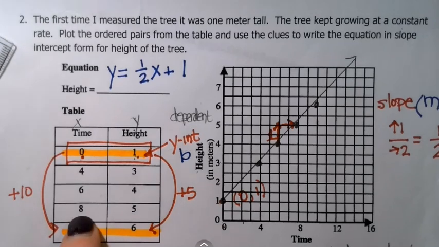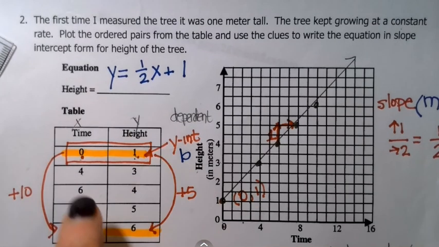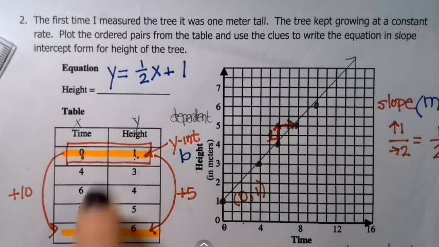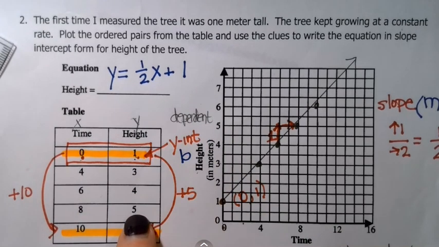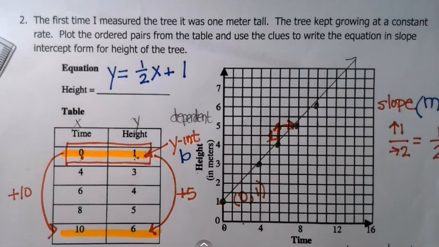For example, 8. 1/2 of 8 is 4. 4 plus 1 is 5. And it worked. And so those are two examples of word problems, function applications, where you can make the graph and from the graph determine the slope and the y-intercept to create your equation in slope-intercept form.